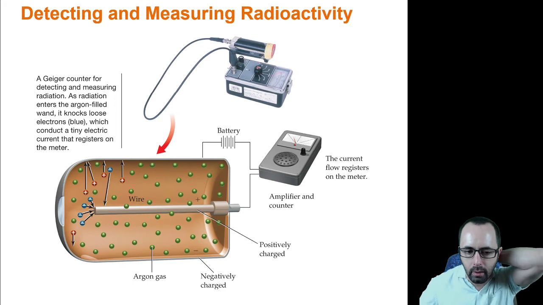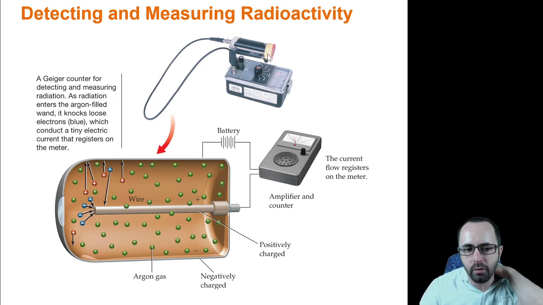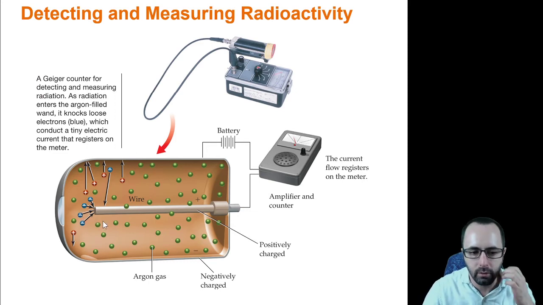The way a Geiger counter works is you have an argon-filled wand here, and when the radiation enters it, it knocks loose electrons on the argon, and those electrons travel towards a positive electrode, and when they hit it, it makes an electrical signal, and often that's translated to a noise, click, click, click.